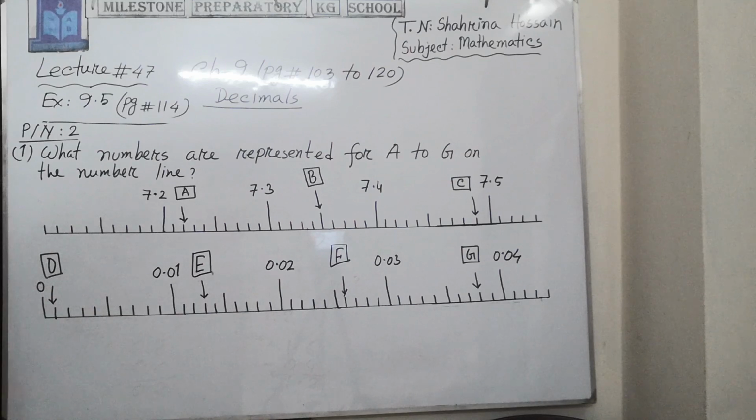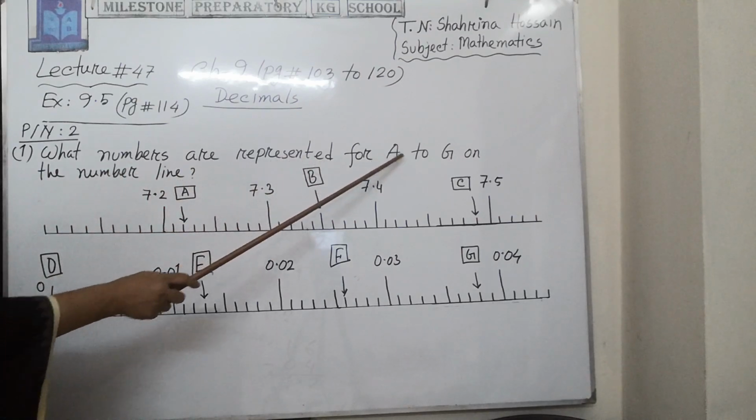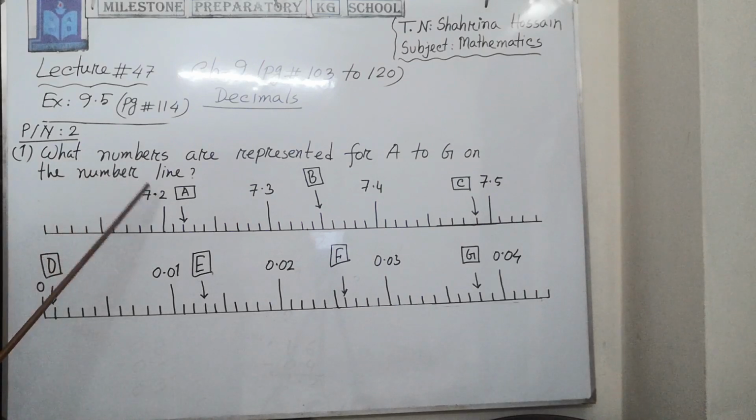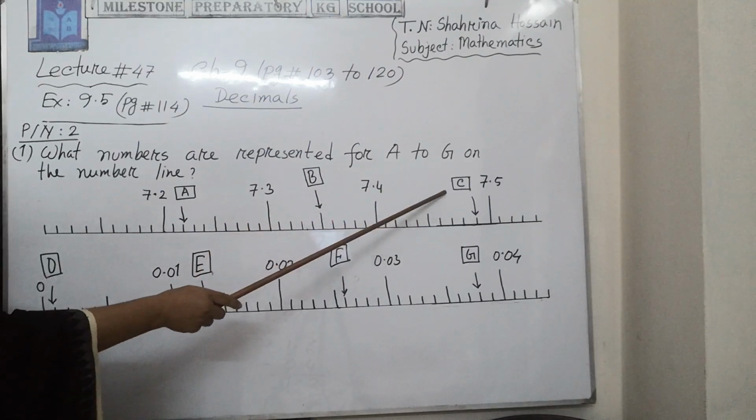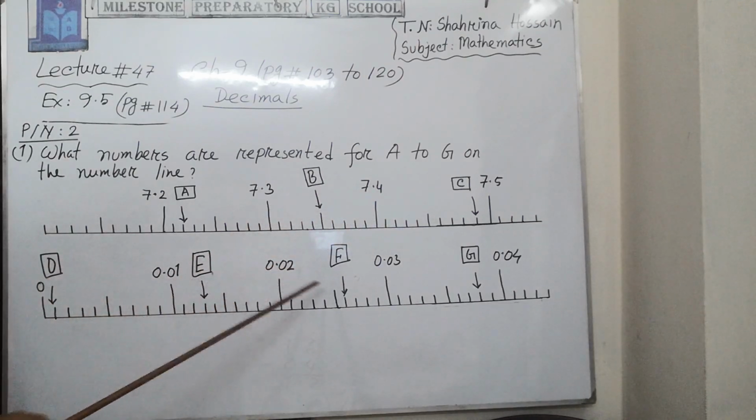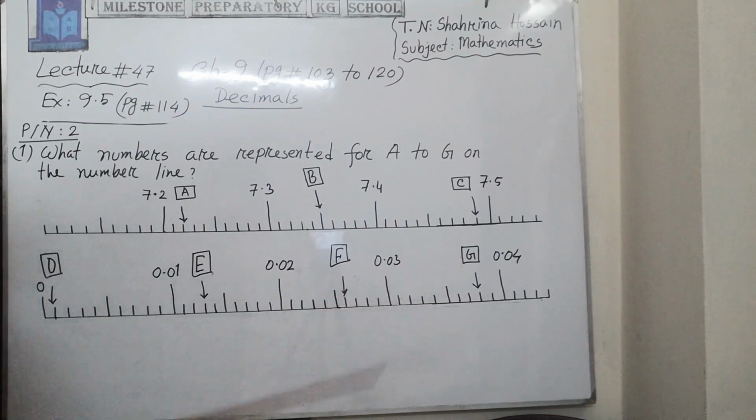Problem number 2, part 1. Here, what numbers are represented by A to G on the number line? Students, observe the board. Here I have already drawn a number line and put the points A, B, C, D, E, F and G. We will find the position of these numbers.